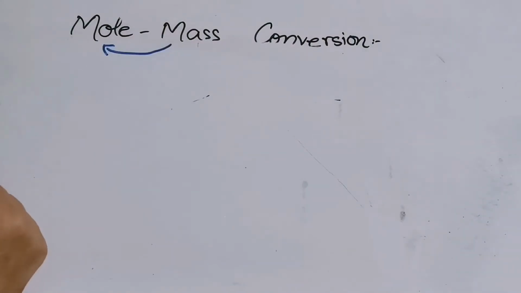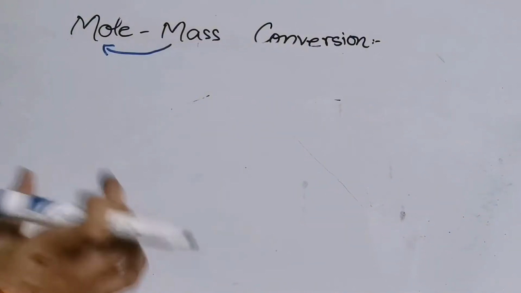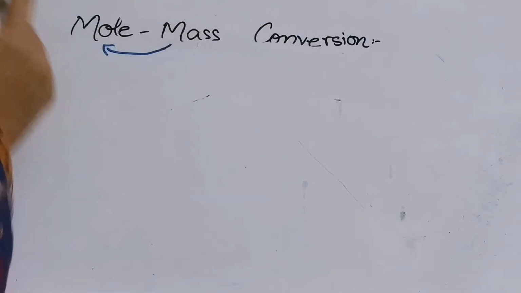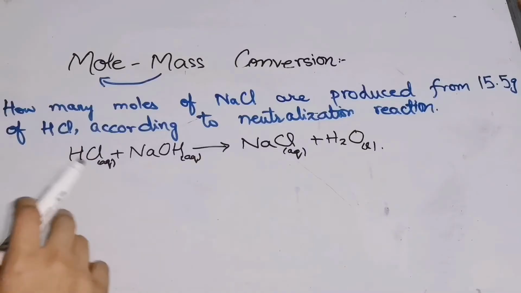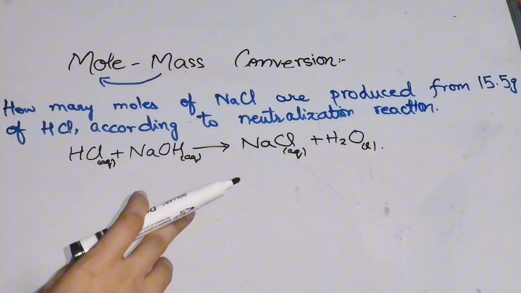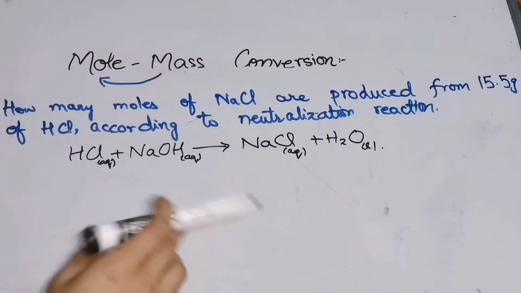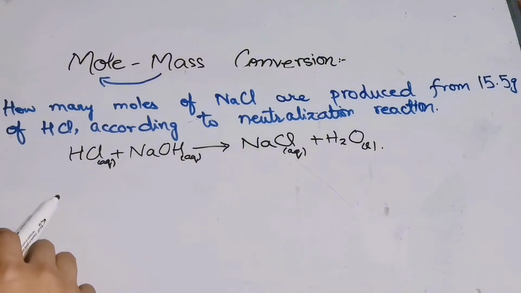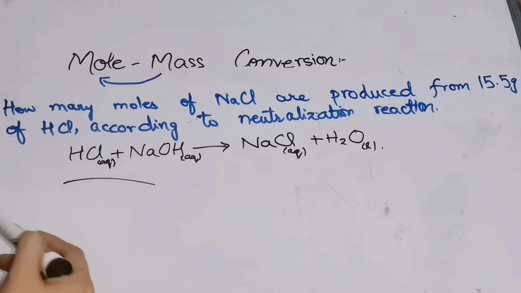Mass to mole conversion means we are given the mass and we will calculate the moles. Now the question is: how many moles of NaCl are produced from 15.5 gram of HCl, according to the neutralization reaction? So we have this reaction.